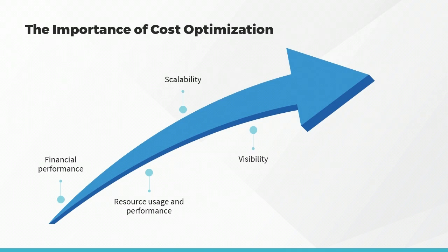Visibility is important. With cost optimization tools and practices, I get to see exactly what I'm charged for, I get to see how my resources are scaling based on the usage, and I can see where the money is being spent across each service. This visibility will empower the organization that I'm part of, or myself as a project that I'm building, to identify exactly where the pain points are for the cost.